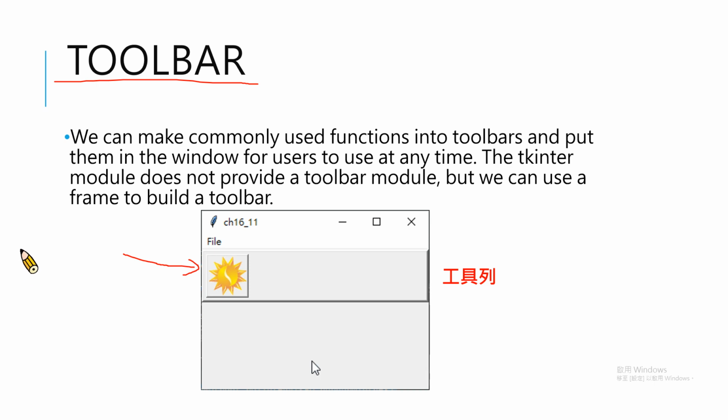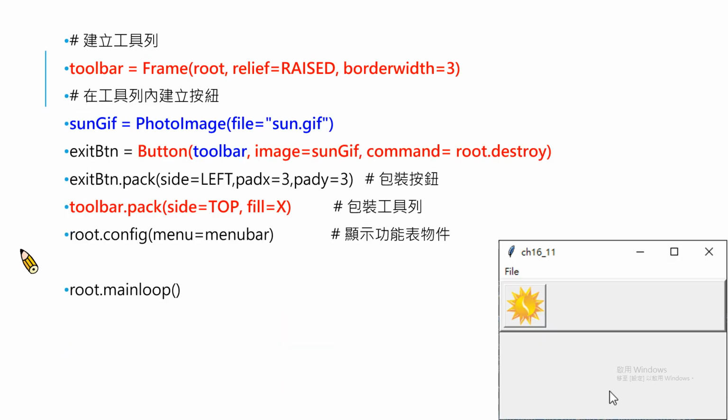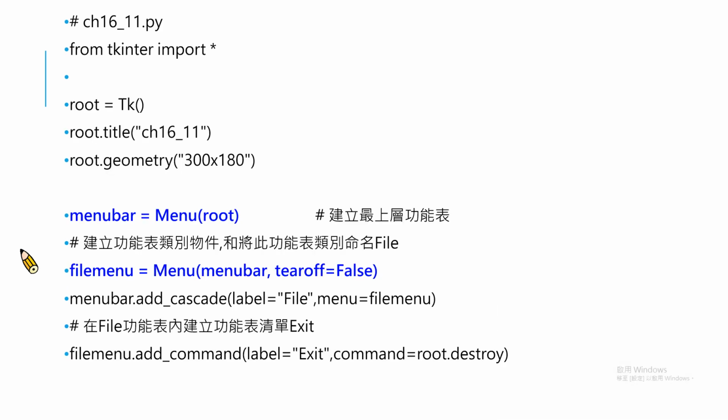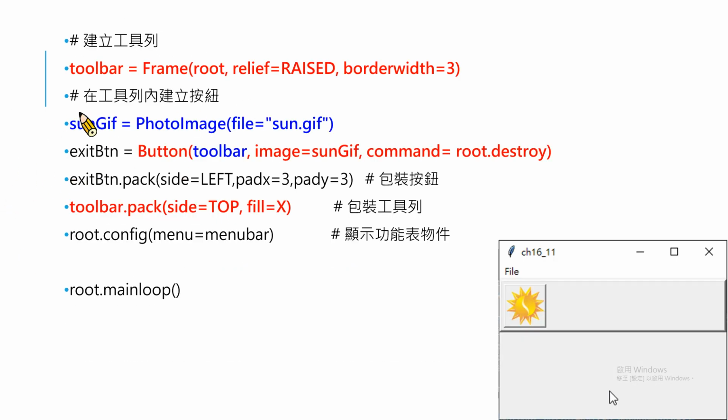So in this example we see here we have a frame object, and we call it the variable toolbar. And here we have a photo image inside the frame or toolbar. You see here, we have a button here.